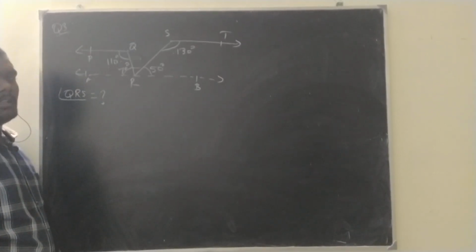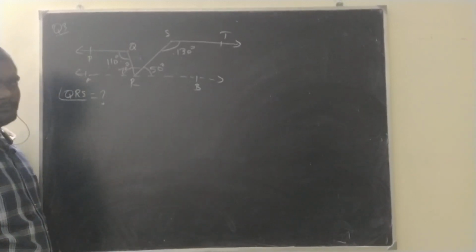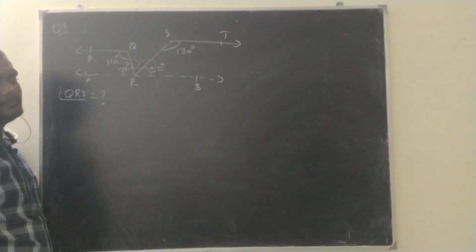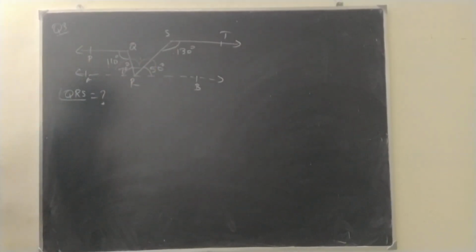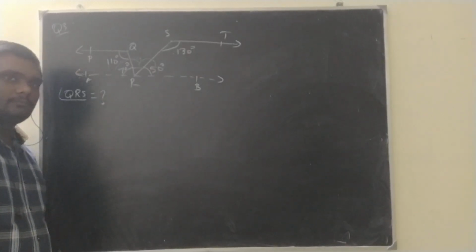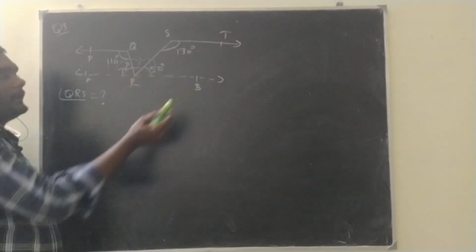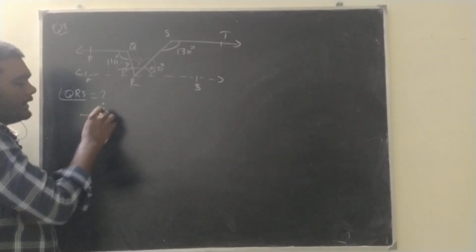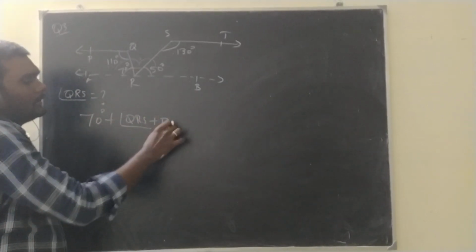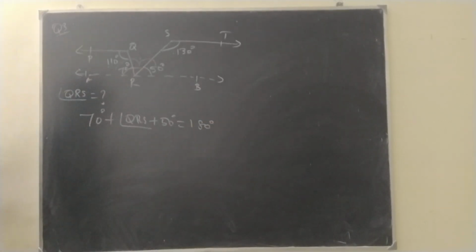Now we get the other two angles instead of what we actually require. How are these three angles connected to each other? They are a linear pair, since they are adjacent and also lie on a straight line. So we have this 70 degrees plus angle QRS plus that 50 degrees, all together 180 degrees should come.